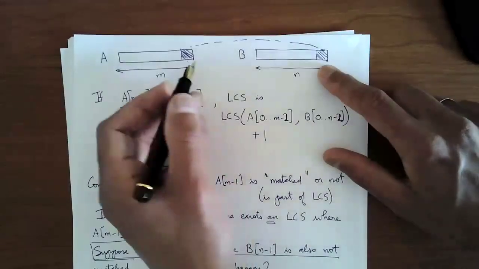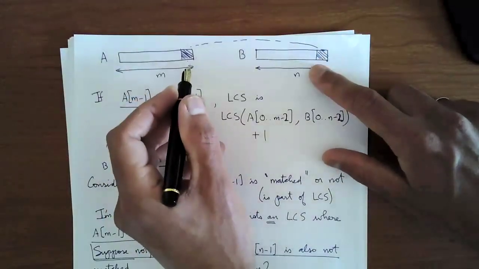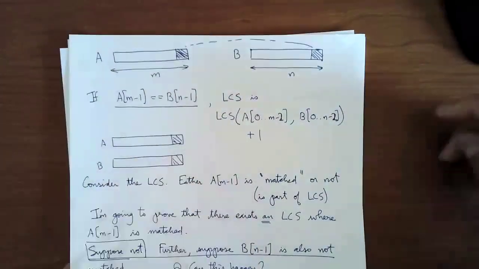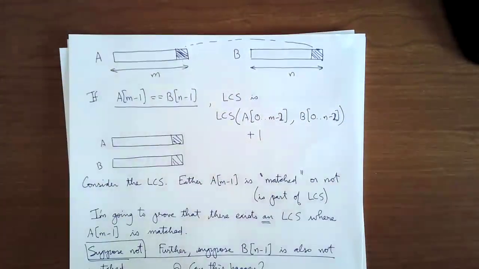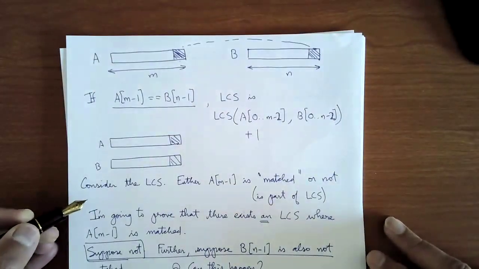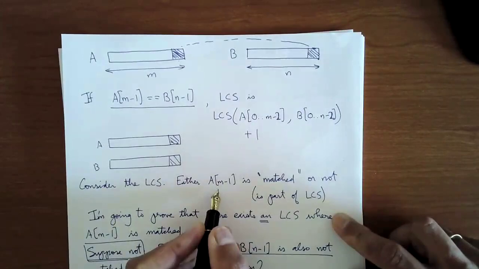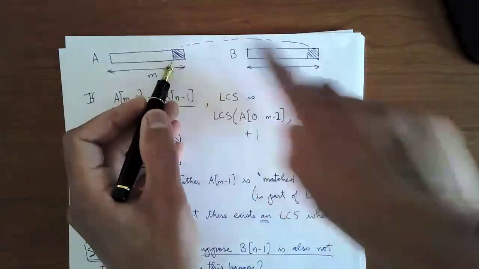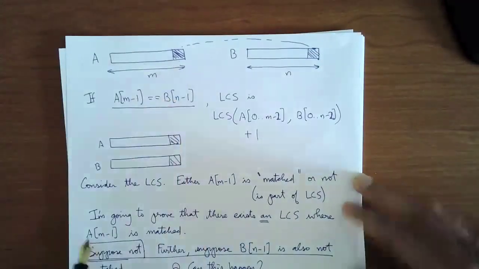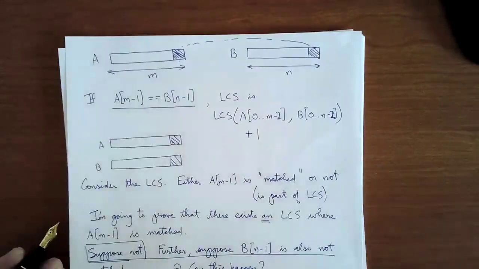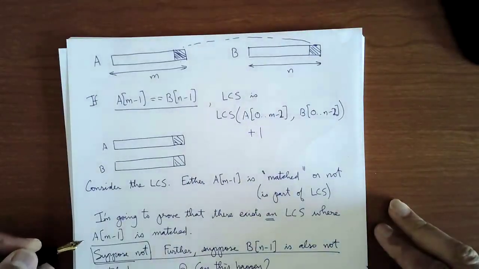I'm just trying to understand what happens in this situation. Consider the longest common subsequence. Either am-1 is matched, which means it's paired up with someone, or it's not. I'm going to prove to you that there always exists an LCS where am-1 is matched.